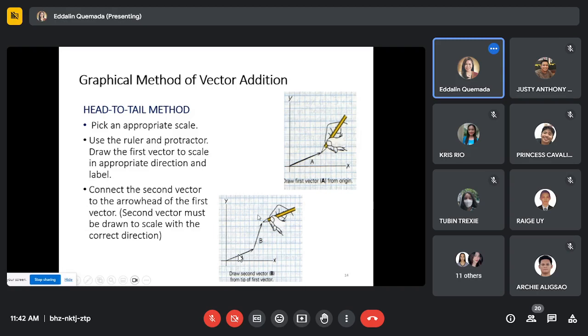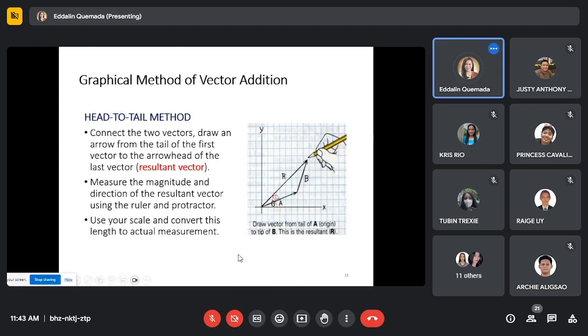So if this is your resultant, and this is the positive x-axis, this is now the angle of your resultant. You go up counterclockwise. That will now serve as the angle of our resultant. Okay? Naka-follow, class? Yes, Miss.